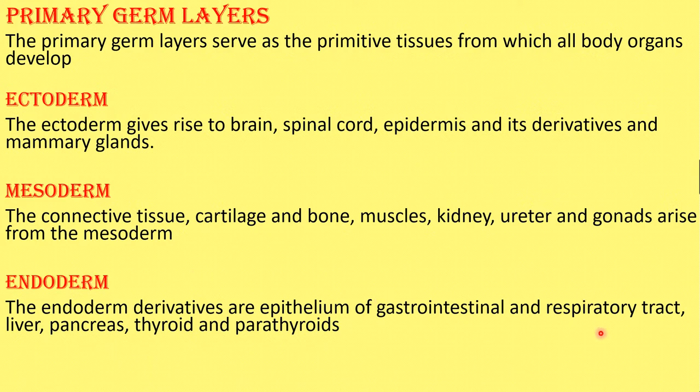So the three primary germ layers of the gastrula are ectoderm, mesoderm, endoderm. Ectodermal cells give rise to brain, spinal cord, skin, mammary gland. Mesoderm develops into bone, muscle, cartilage, kidney, ureter, and gonads. Endoderm develops into gastrointestinal tract, respiratory tract, liver, pancreas, thyroid, and parathyroid.